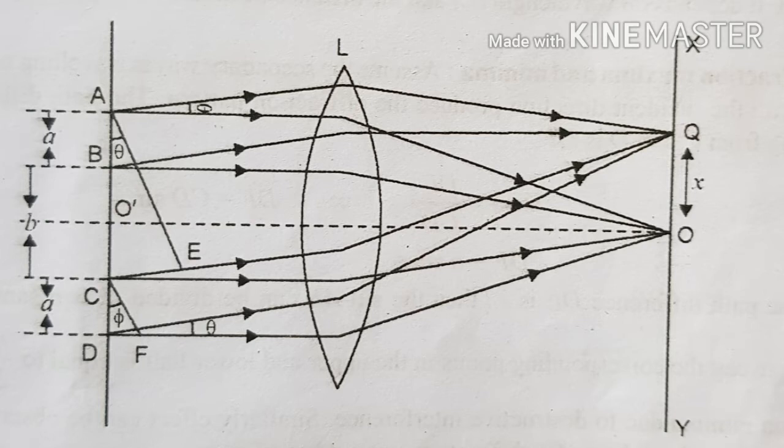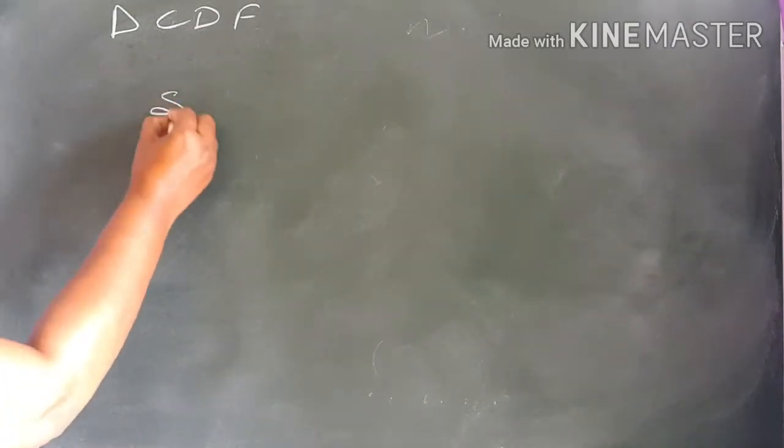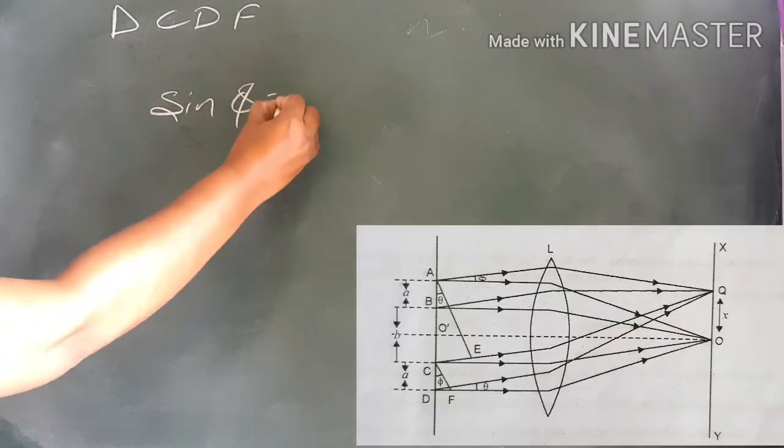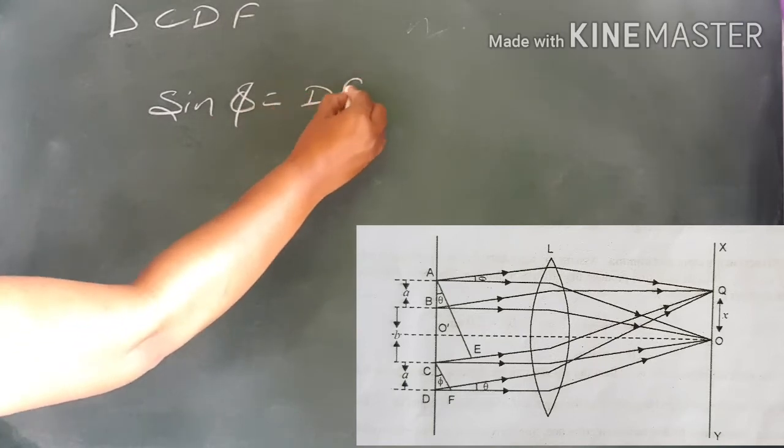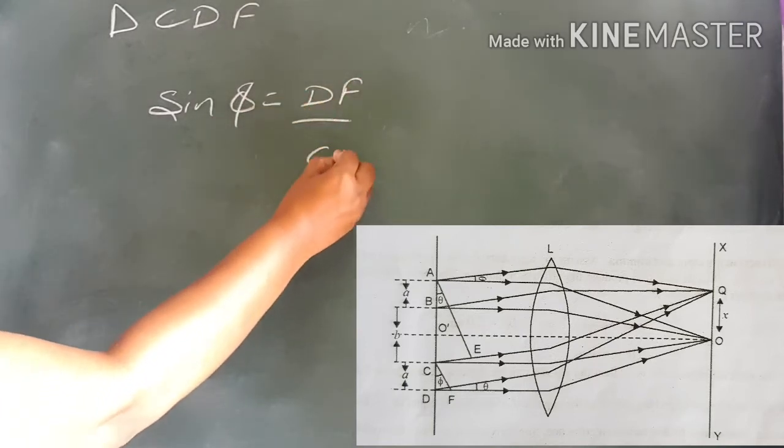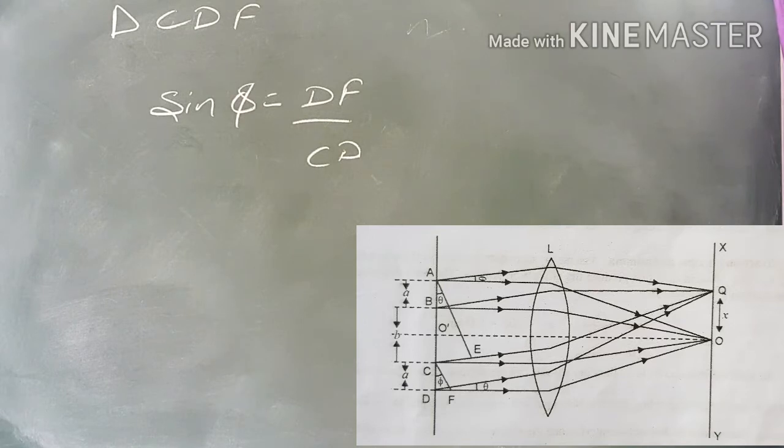Now from the triangle CDF, we have sine phi is equal to DF by CD. Now we are talking about the diffraction phenomenon from the single slit.